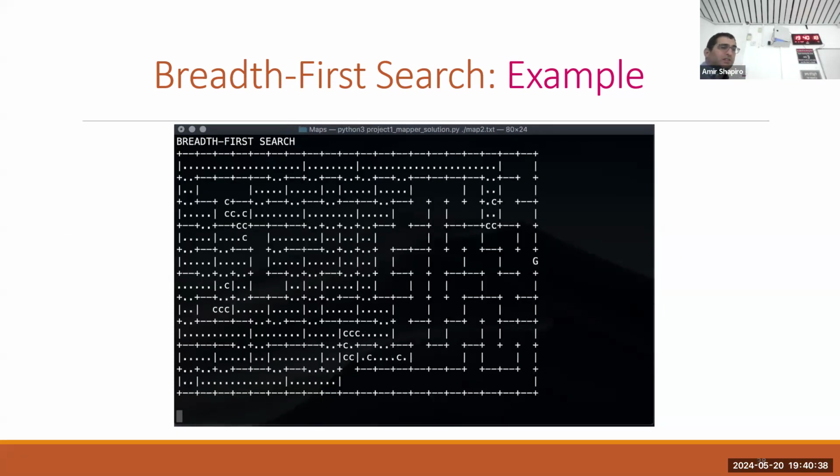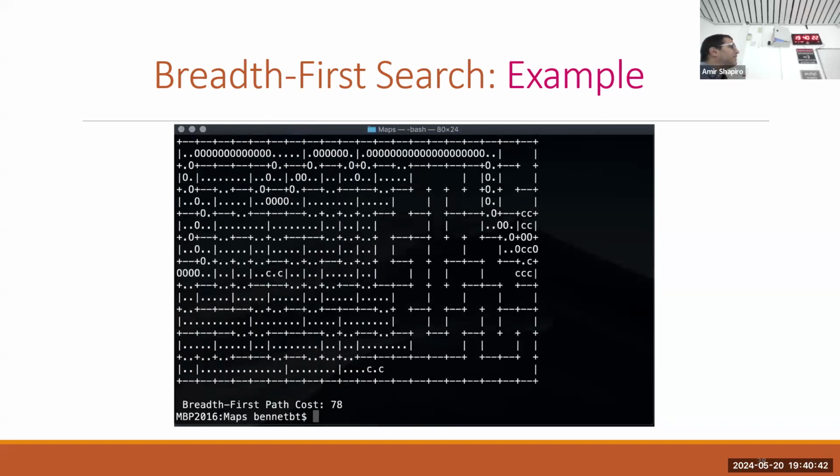So it is slower than DFS, but it systematically finds a way, and when it finds a solution, this is the shortest solution.